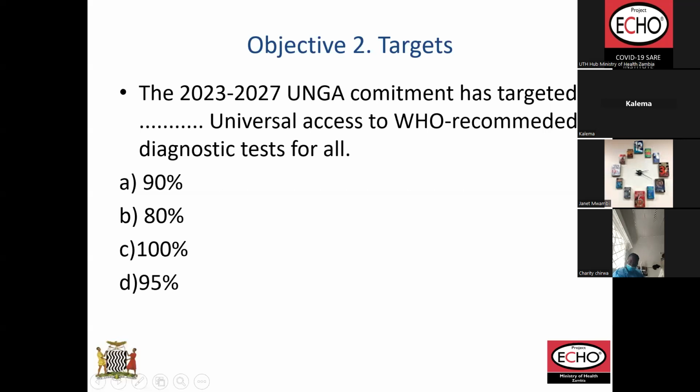Is it D, 95%? Okay, it seems we're not able to load that poll. Dr. Mubanga, I think we'll just move on to the next slide as we digest the information about this poll question. Thank you, Dr. Muyangana.